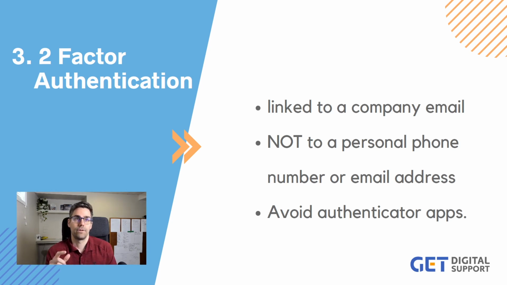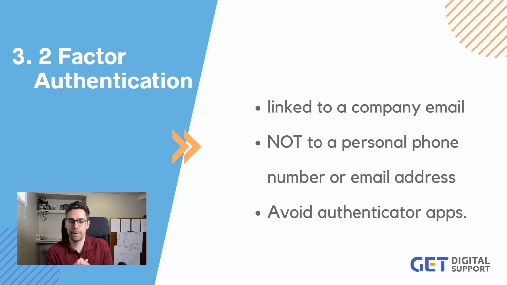Because if someone else set up a property and I'm trying to log in, it'll ask me for two-factor authentication, because oftentimes I'm on a new device. It'll say, great, you've got the username and password, but we need to see a little bit more. We're sending a code to this email address. If I don't have access to that email, I'm not getting into that property. So make sure that it is set up with a company email.